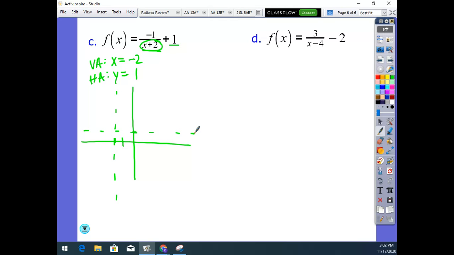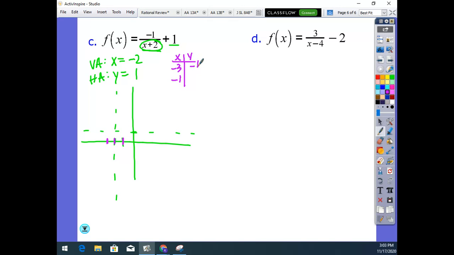All right, now I'm gonna pick some points to find my graph. If x is at -2, let's pick -3 on the left side and -1 on the right side. I'm always just going on each side of the vertical asymptote. And then I'm going to plug that number in.